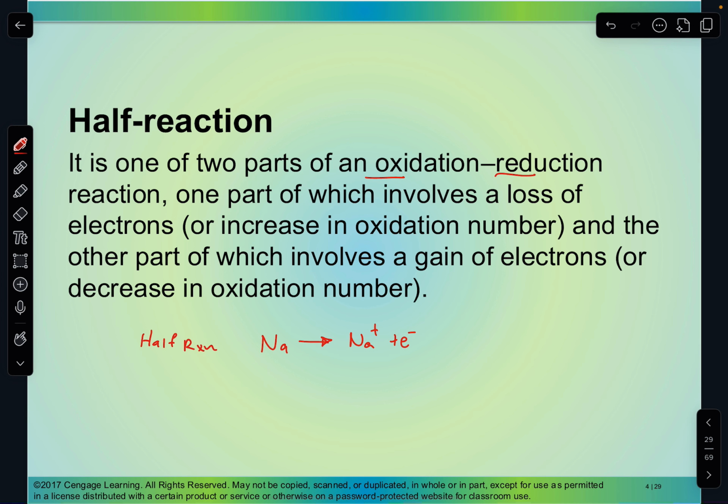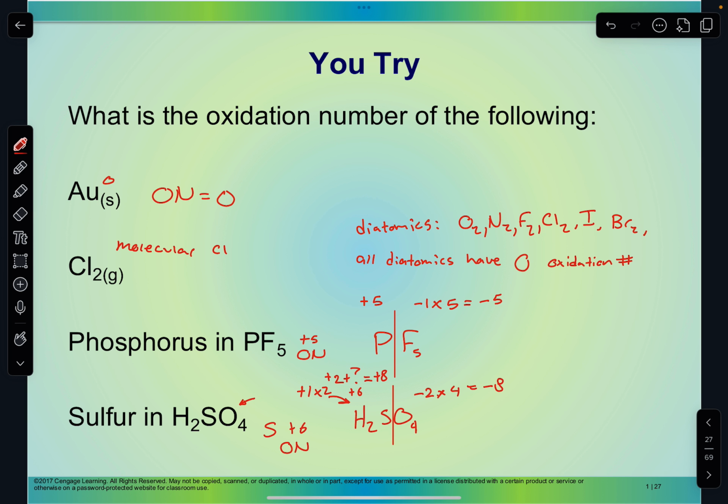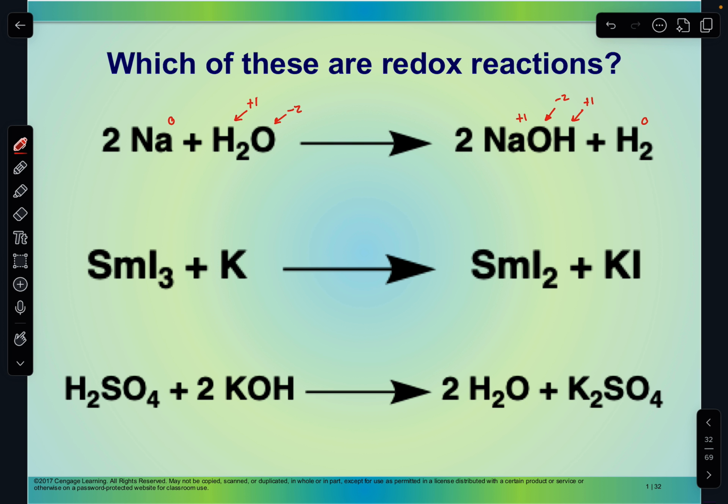Oh, let me go back and correct this. H2. That's the other one that is a diatomic. Okay. So we have hydrogen going from a +1 to a 0. We also have sodium going from a 0 to a +1. So this is a redox.